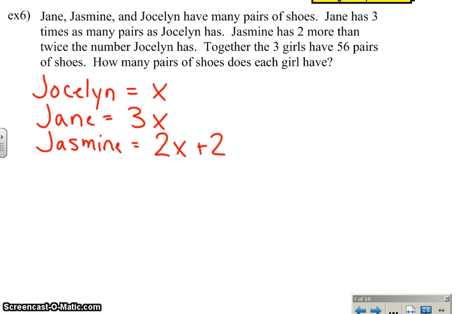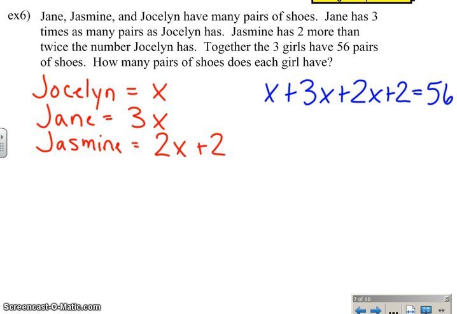Once you have these 3 components set up, now we can easily take all 3 girls' amounts, add them together, and we're told in the problem that altogether they had 56 pairs of shoes. So now let's combine our x's.